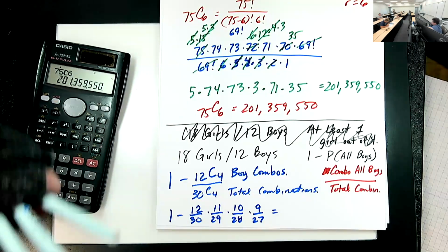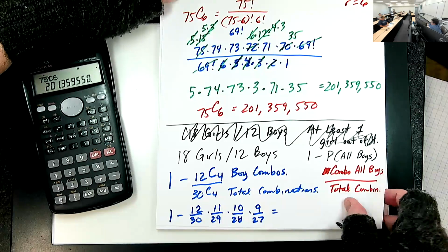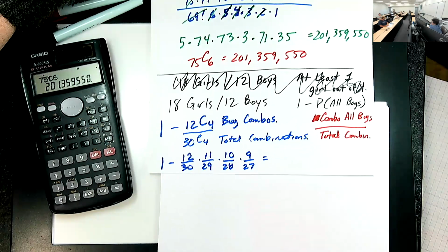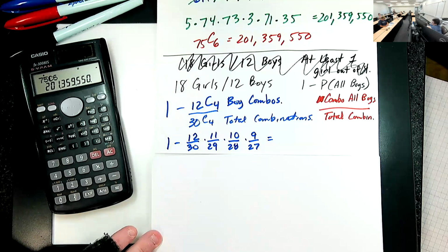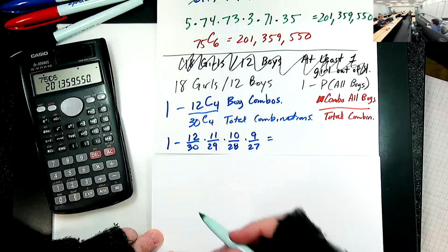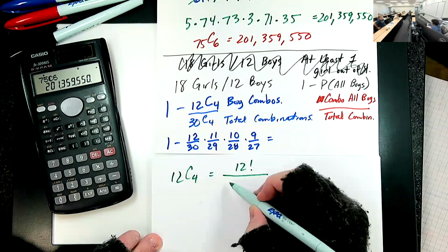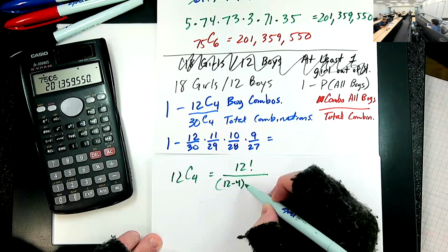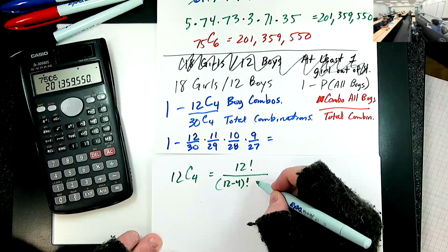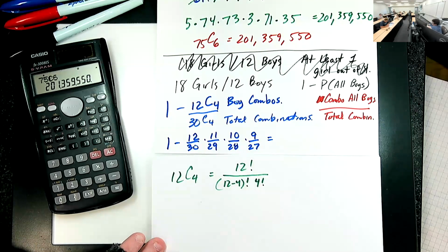Let's see if that matches up with 12 choose 4 over 30 choose 4. Twelve choose 4 is 12 factorial... something's off.